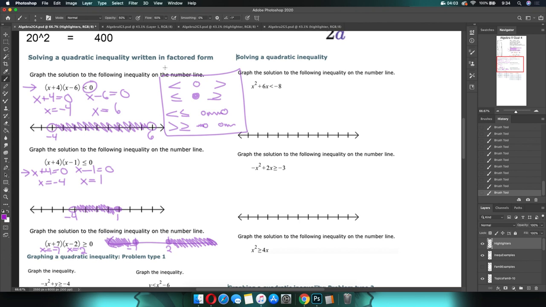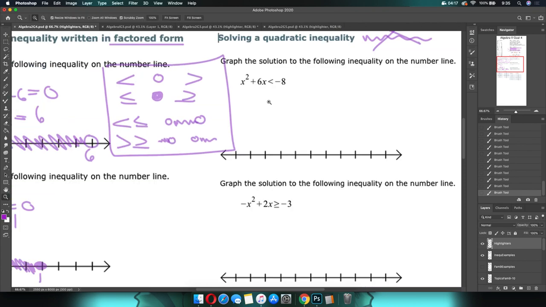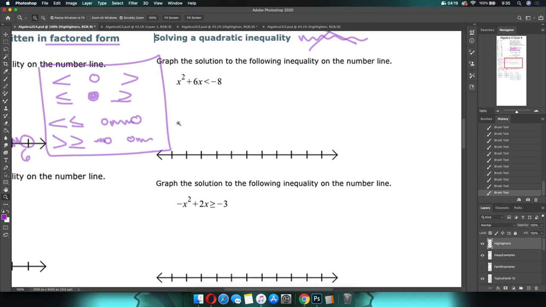So that's when it's written in factored form, right there in bold letters. Here it just says writing a quadratic inequality. The factored form is not there. So then what do we do? Well, I will zoom in for this because I want to give myself some space to write. If I look at this, the question you're always going to ask is, is it set to 0?